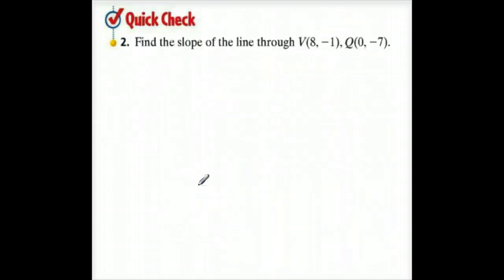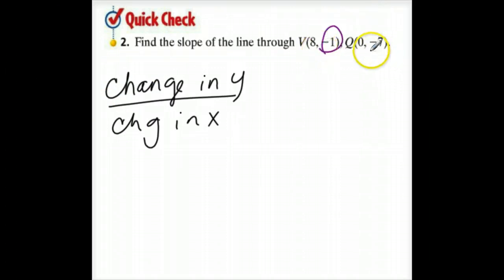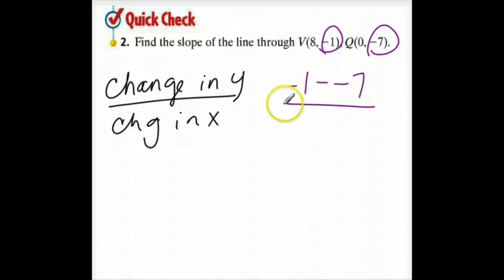One more example. 2 points. Let's find the slope. Remember, change in y over change in x. So here's my y's, negative 1 minus negative 7 over, here's my x's, 8 and 0. 8 minus 0.